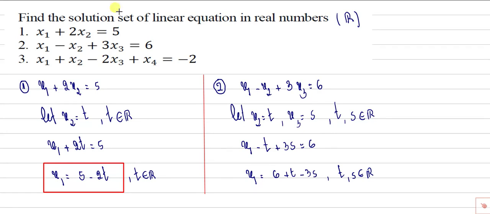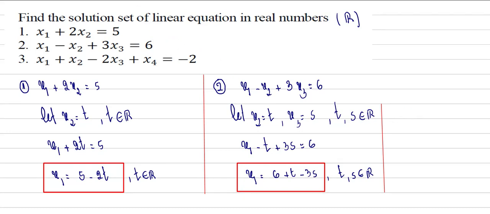So this we can call the solution set of our equation. But sometimes we can change this solution by our choice of parameters. So in point 2 or point 1 we can change the solution set of the equation.